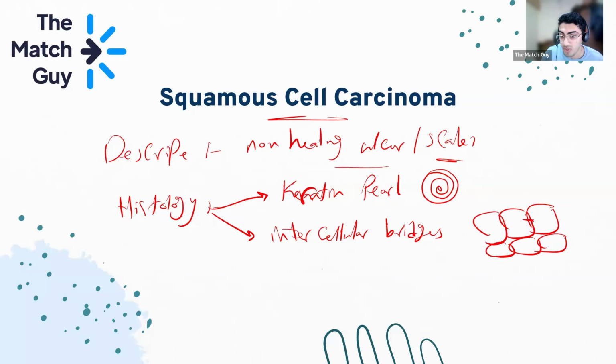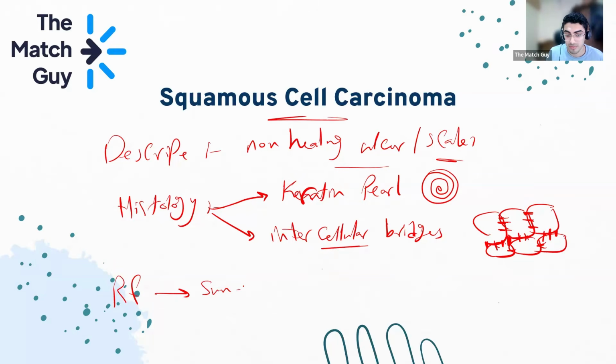Between these keratinocytes, we have desmosomes, guys. We also call them intercellular bridges. So in squamous cell carcinoma, we will have lots of intercellular bridges, okay?